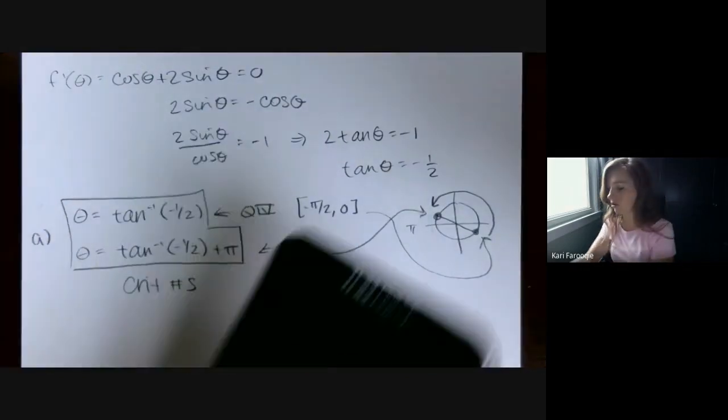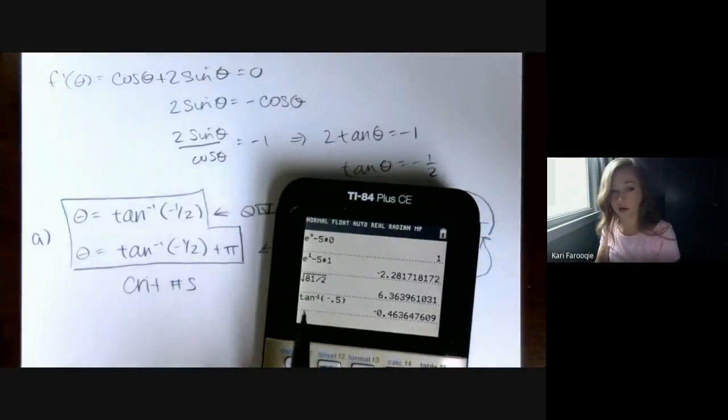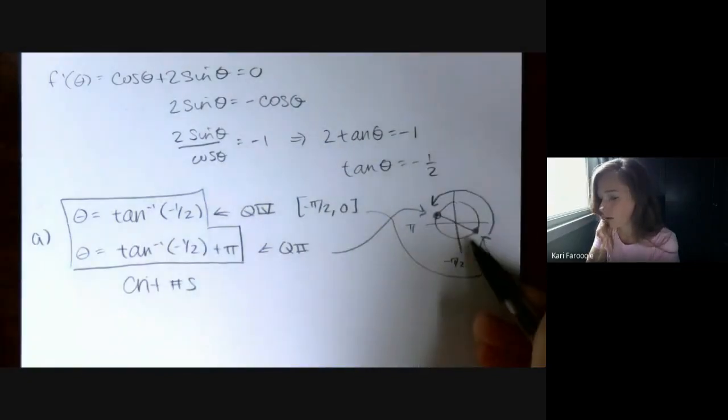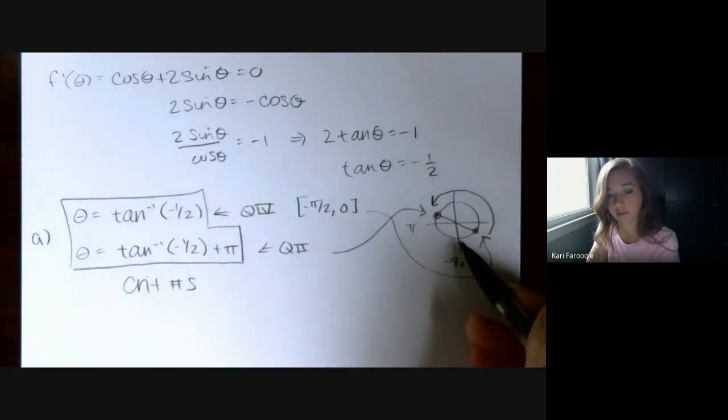I demonstrated that by saying, inverse tangent of -0.5 is negative 0.4636, which is between 0 and negative pi over 2. So that's that quadrant 4 angle.